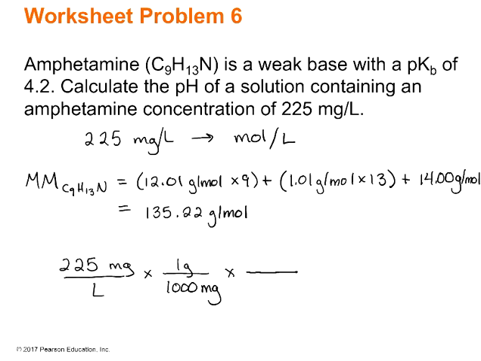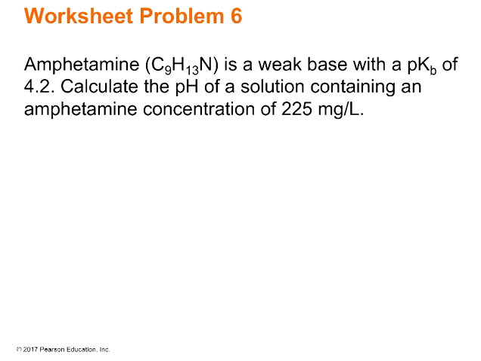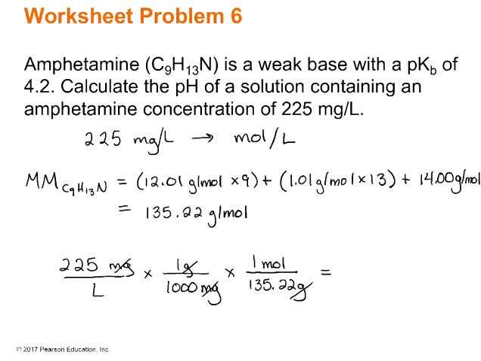So now that we have converted from milligrams to grams, we can use the molar mass, and we should end up with moles per liter. We take 225, divide that by 1,000 and then by 135.22. So our concentration in terms of moles per liter will be 0.00166.